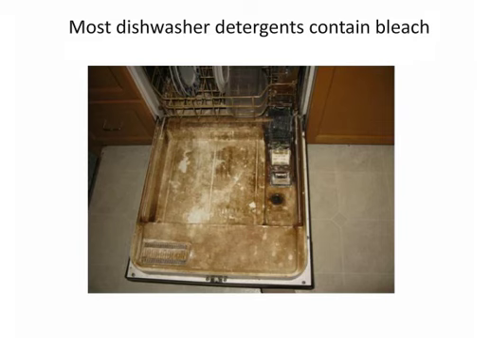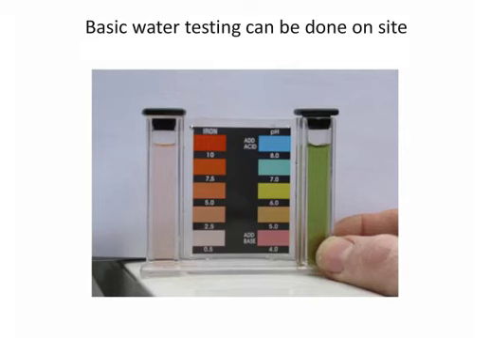Now, this won't help you at all if they have a stainless steel dishwasher, but in this example, this was that same home with the toilet bowl staining, and you can see here that iron and manganese in this case, which is the black spotting, was ever present in that dishwasher. So again, these are indicators on an existing residence if you can find out what you're dealing with going in.